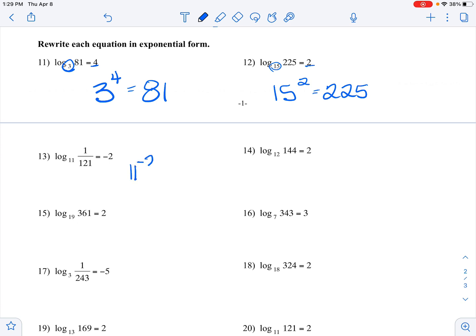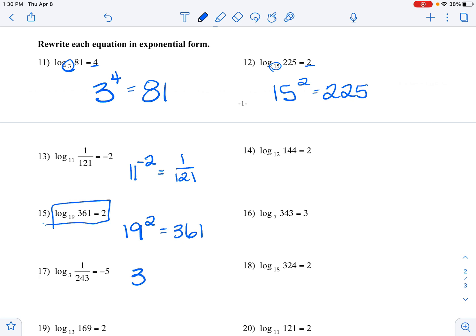11 to the negative 2 is equal to 1 over 121. Now that makes sense, because remember, when we have a negative exponent, we always remember to do 1 over. So 19 squared is equal to 361. And I'm not doing any math. I'm simply translating it. I'm rewriting my log in exponential form. So I'm going to rewrite my log.